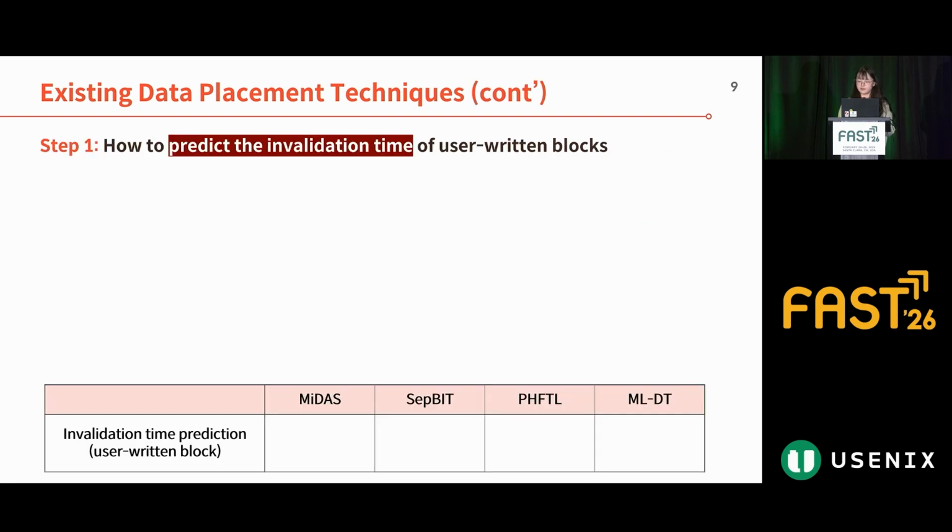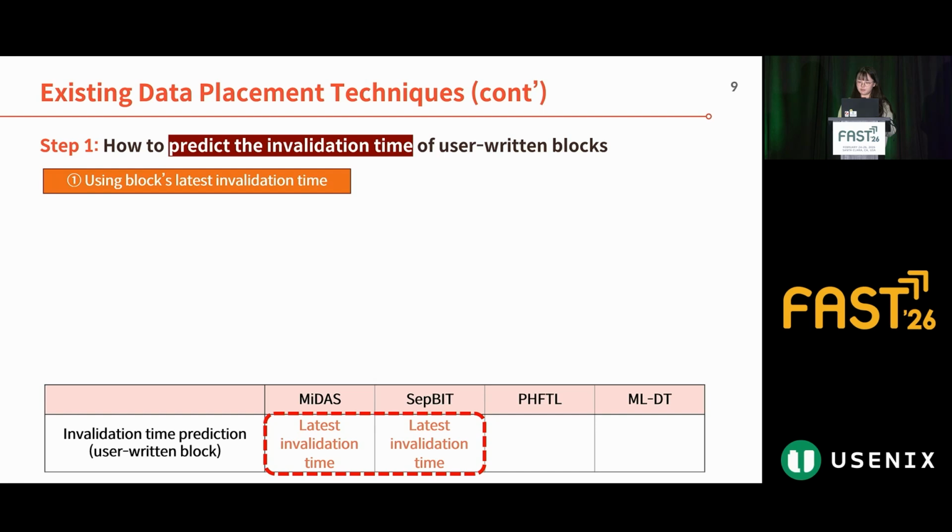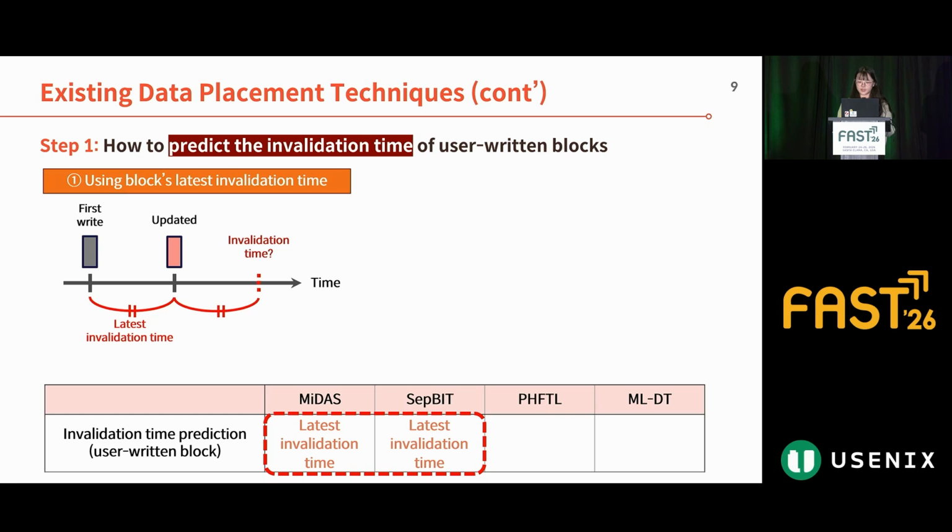First, to predict the invalidation time of user-written blocks, techniques use 2 strategies. MIDAS and SepBIT use a block's latest invalidation time for the prediction. After a block is written and later gets updated, they measure how long it takes for the old version to become invalid. The system then assumes the block will be updated again after a similar interval.